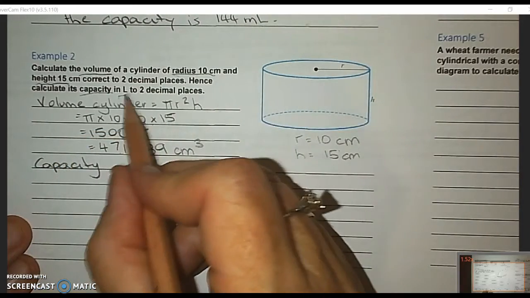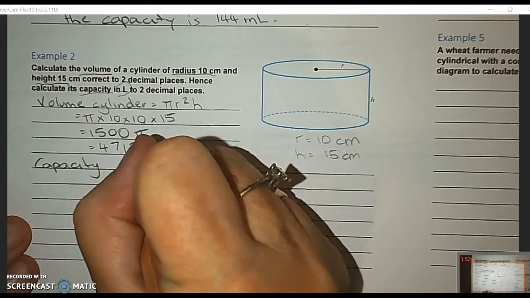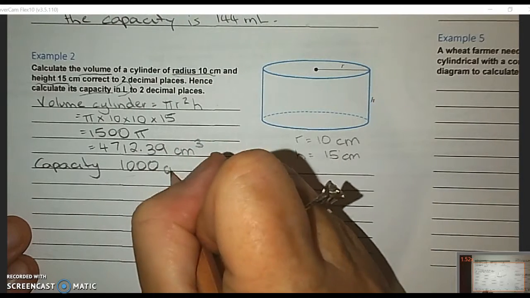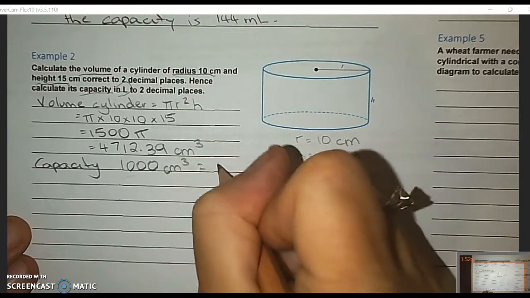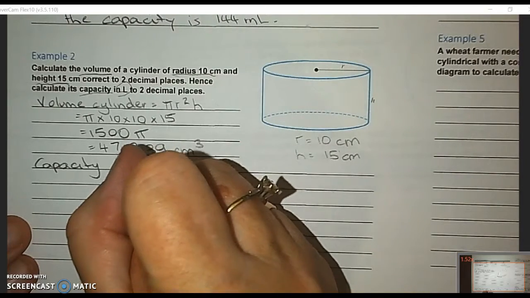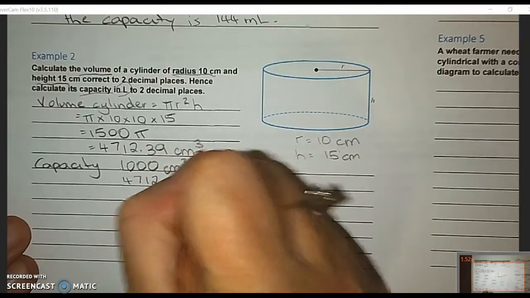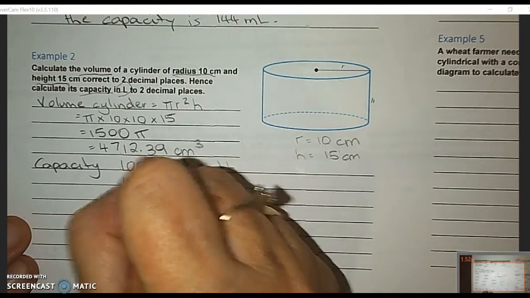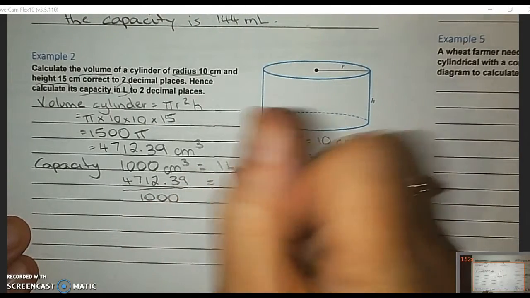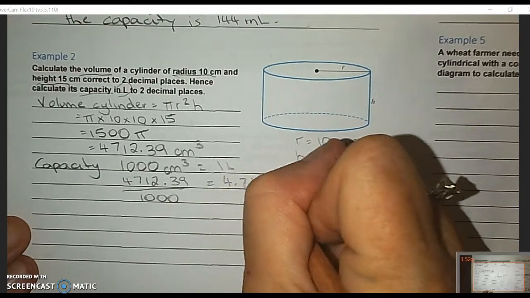In litres. So 1,000 cubic centimeters equals 1 litre. So 4,712.39 divided by 1,000 equals 4.71 litres.